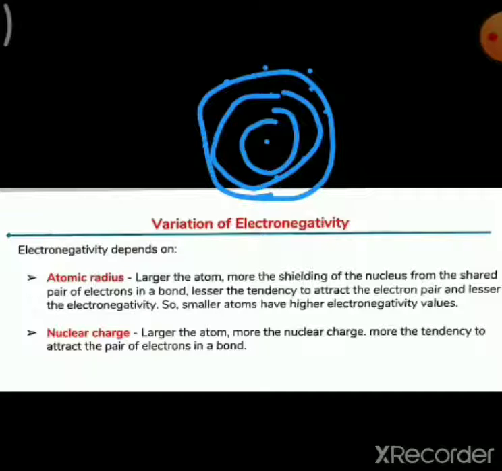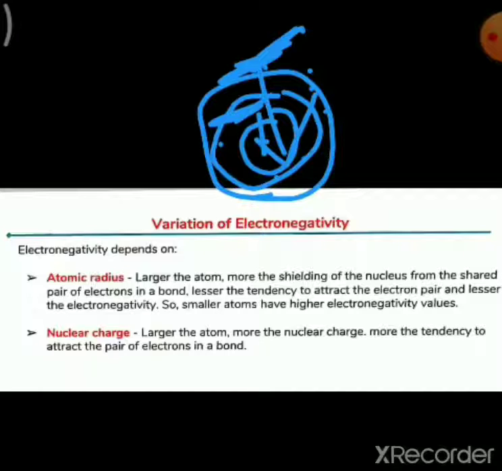The electrons nearer to the nucleus repel the outer electrons, that means these electrons repel those electrons from the nucleus. Then there will be a lesser tendency to attract the electron pairs.